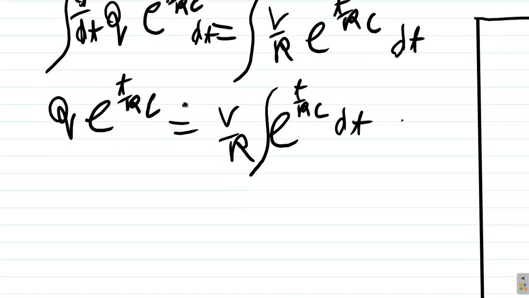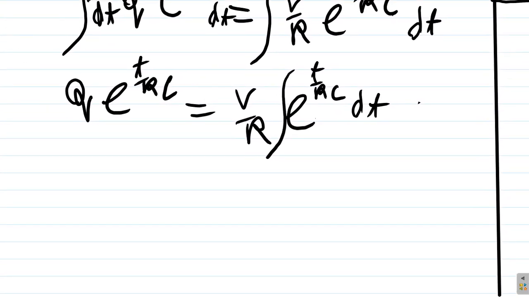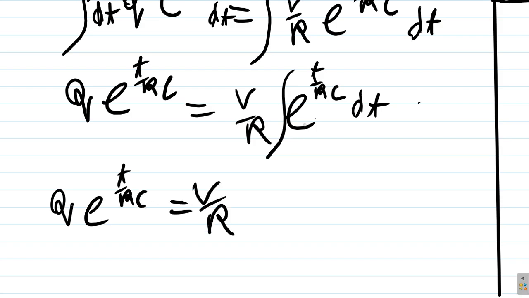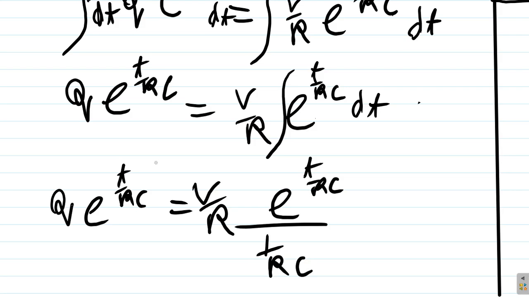Don't forget the dt. So q e to the t over RC is equal to V over R times, now we integrate this, and we get e to the t over RC divided by 1 over RC.